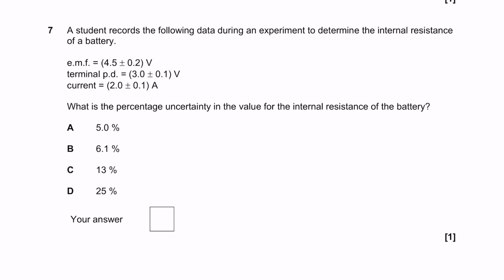So what we have to consider is working out the upper limit in the internal resistance due to the errors in the EMF, which is 0.2, and the terminal potential difference as well, which is 0.1. We would have to work out the upper limit, the lower limit, then half the range, and then the percentage uncertainty.